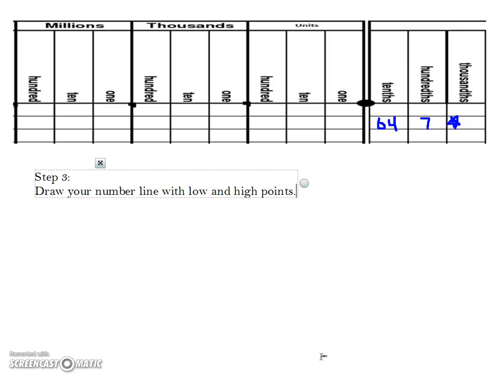The next step, step 3, is to draw your number line with low and high points.